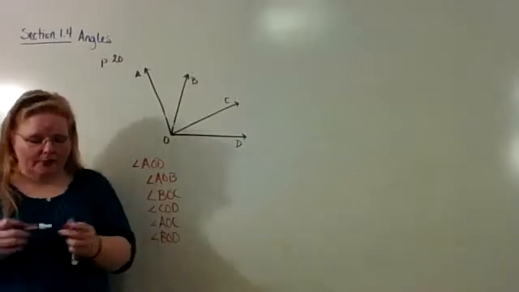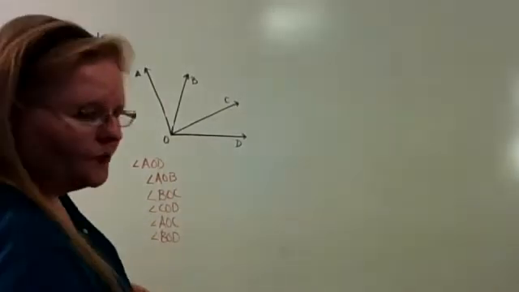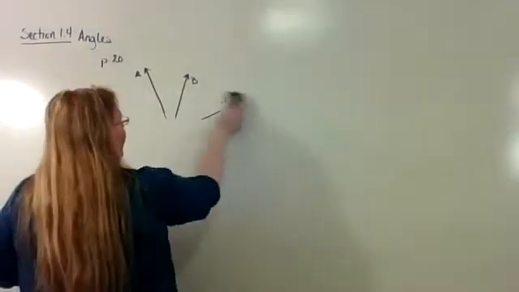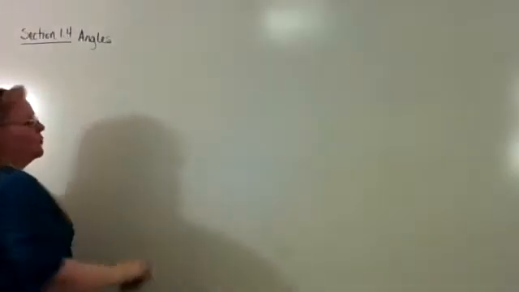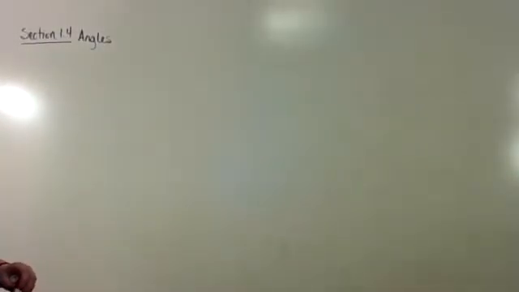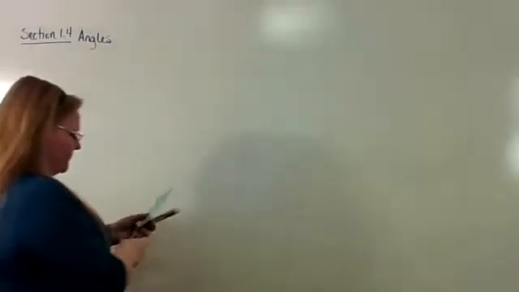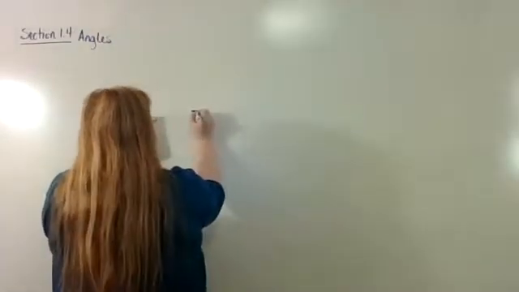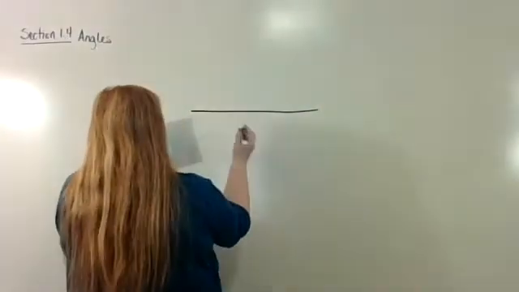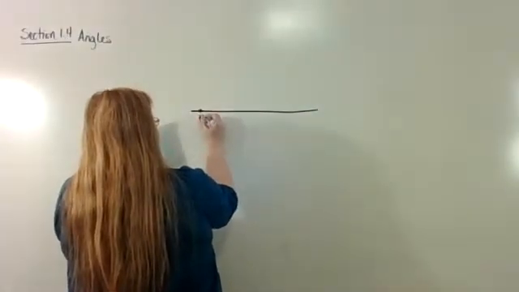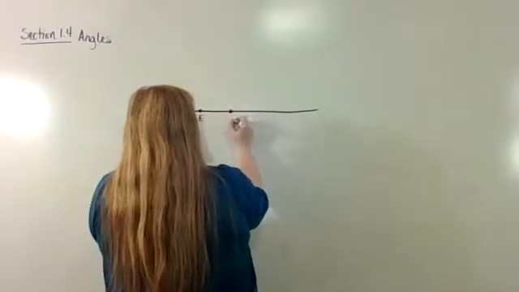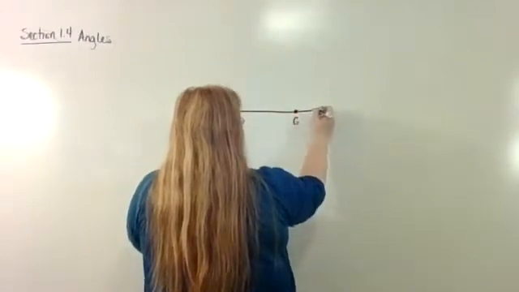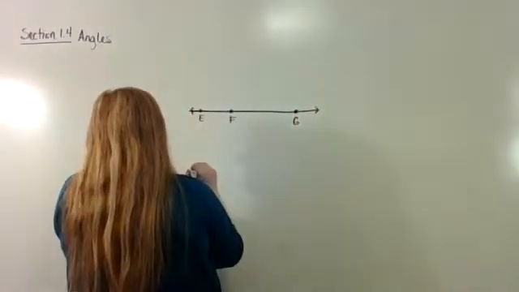Okay, that being said, the whole point of geometry is to take things and decide what's fact based upon what they give you. So, for example, I'm going to draw a picture. This can be E. This can be F. Over here somewhere we have a G. That can keep going in both directions.